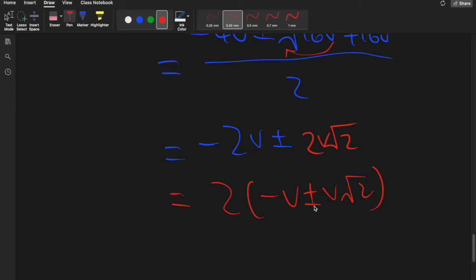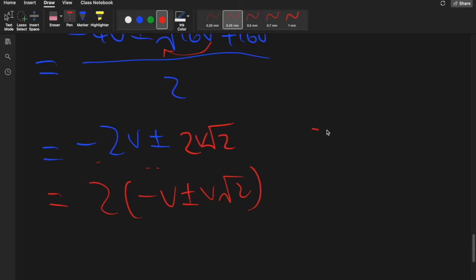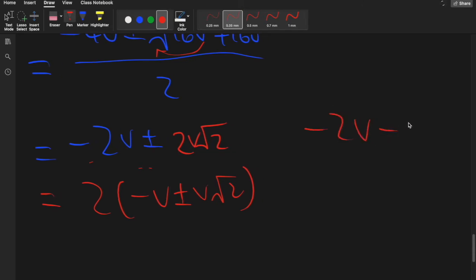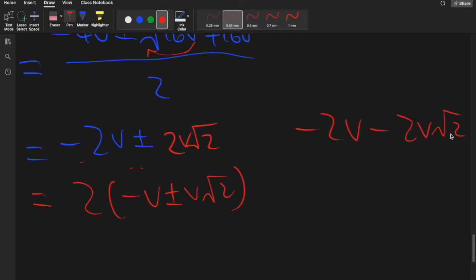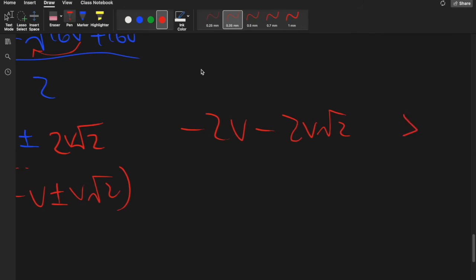Right, so how do we deal with the plus and minus thing? Well, if it is 2V minus 2V times square root of 2, then the whole thing will be definitely less than 0, right?